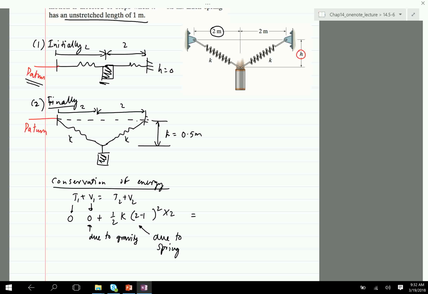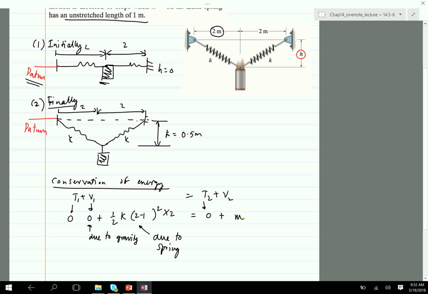Now we need to write the same thing for number 2. So what's the kinetic energy? It's 0 because the block comes to rest. Okay, what's the potential energy due to gravity?